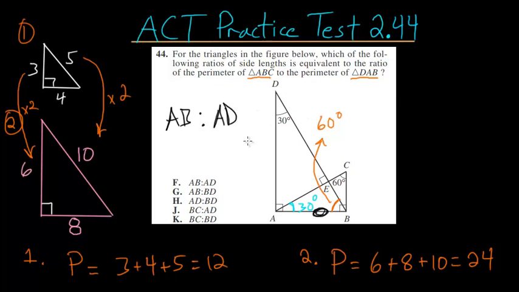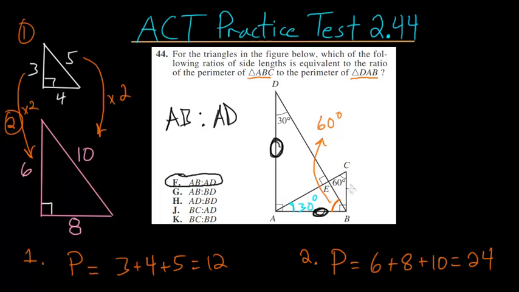Since, like I said, the ratio of the perimeters would be the exact same ratio as the ratio of the corresponding sides. So this side here would be in proportion to this side here, and that proportion would be the exact same as the proportion between the smaller perimeter to the big perimeter. And you can notice that AB to AD is actually one of the answer choices. So choice F is our final answer.